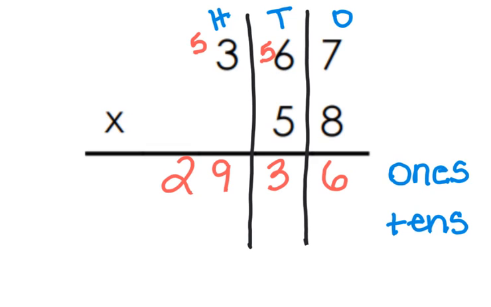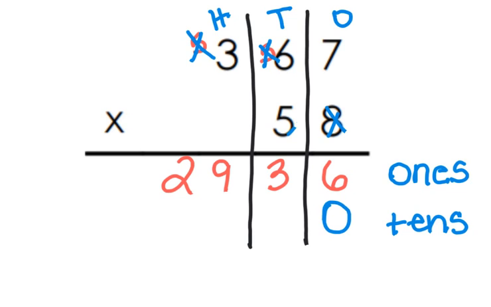So let me switch colors. I'm going to mark out all of these that I've used. And now I'm going to go in the tens row. So the tens row is going to have a 0 in that ones column, because just like with the 2 by 2 multiplication, we already know that when we multiply any number times 10, it is going to end with a 0.